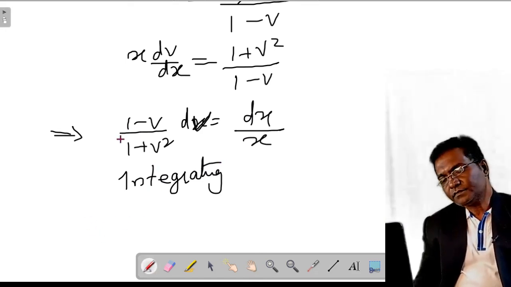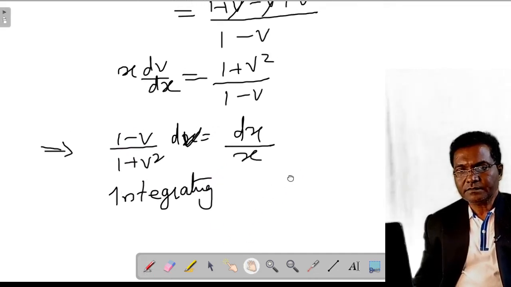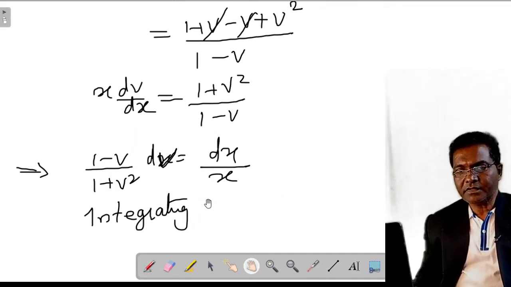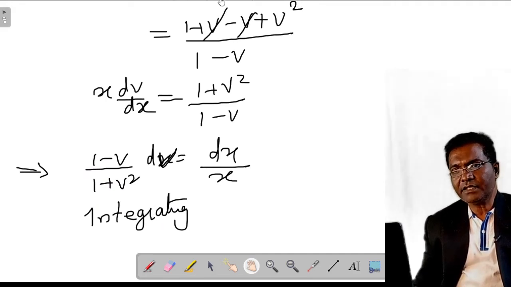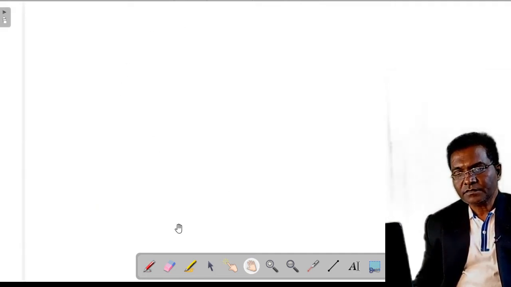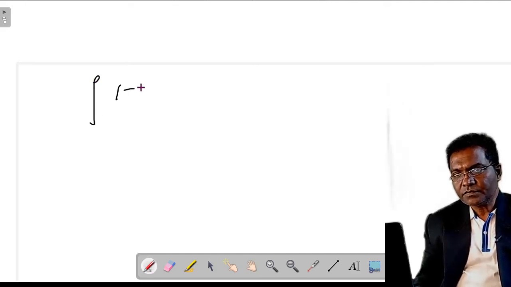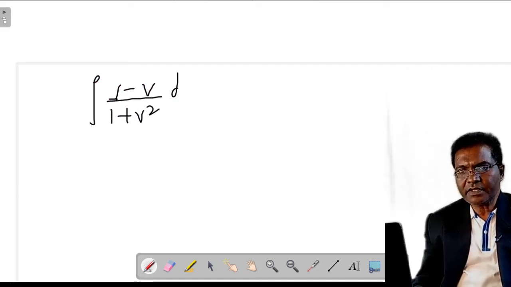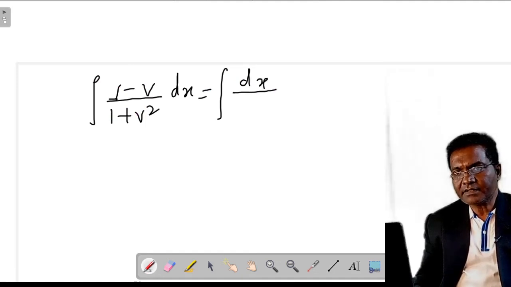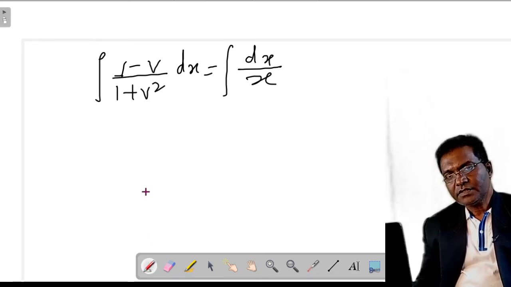Integrating, what will we get? Integration of (1 minus v) by (1 plus v square) dv, and on the other side you have dx by x. So now integrating.